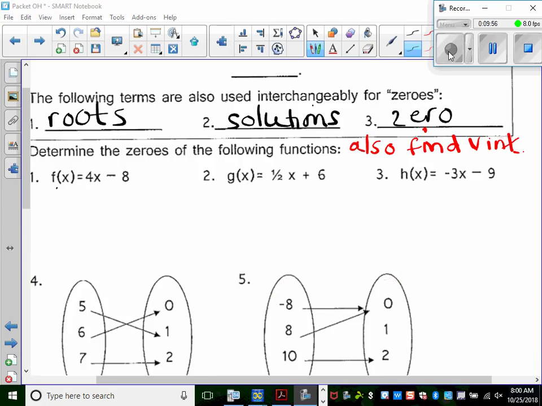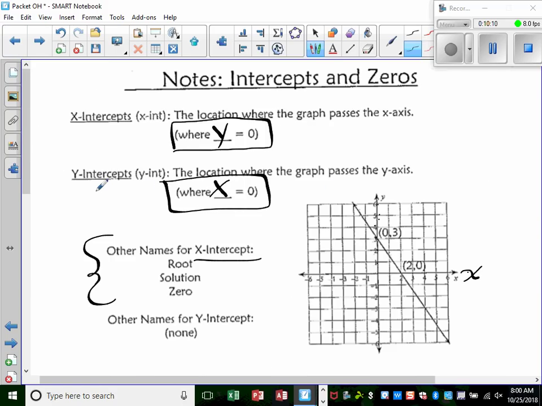All right, so same 3 problems, but this time we're going to find the y-intercept. All right, so this will be the y. So going back to the first thing we wrote down, if we are looking for the y-intercept, we're going to substitute x as 0. You just do the opposite.